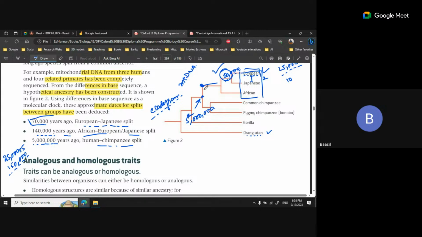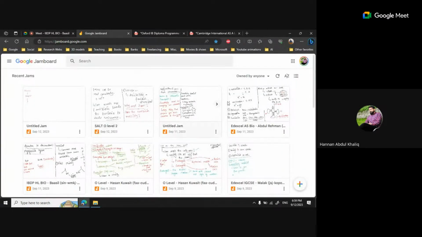Because Homo sapiens have been around for almost 200,000 years, right? Yeah, and the mitochondrial DNA can show some mutations, but you know what the problem is? The problem is that, let's say, if we create a cladogram, where was your board? This one, I guess.